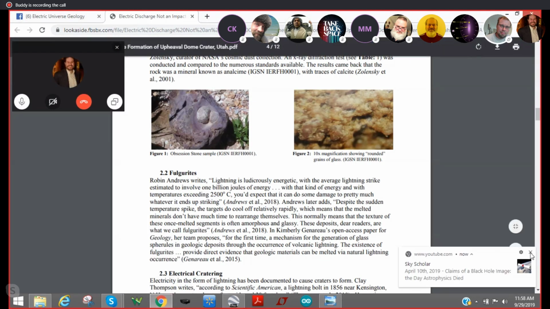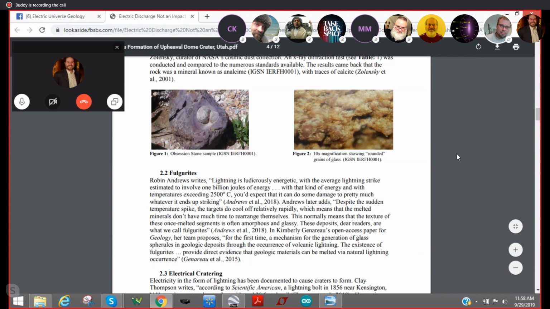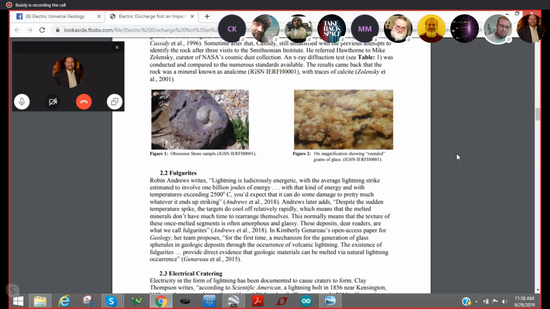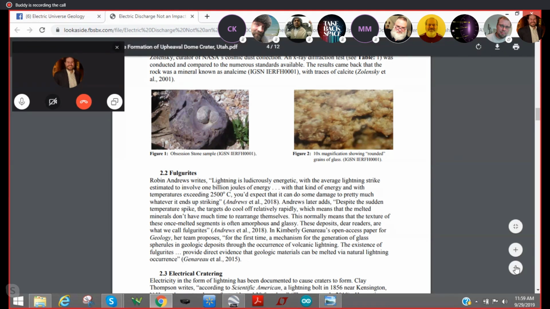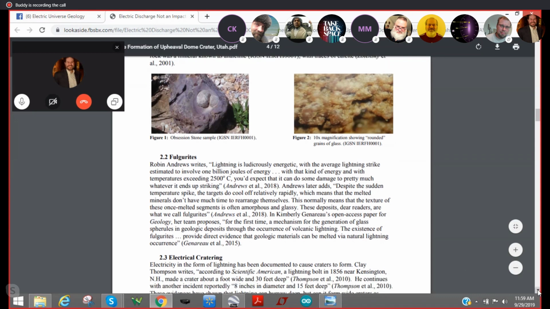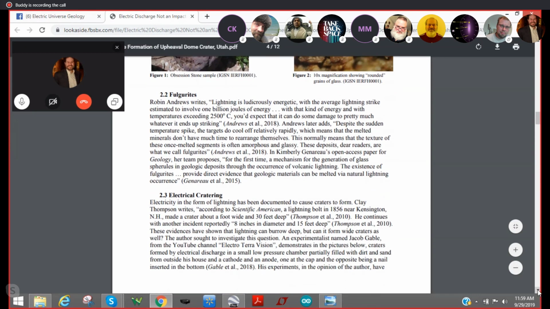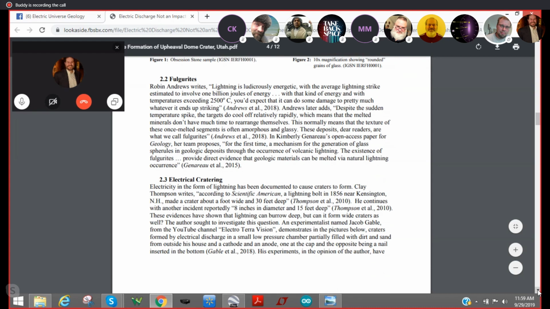They're of different sizes, and of course some of them are crushed in the middle, which makes perfect sense if they were subjected to electricity that created these pipes, just like you would create veins of quartz or gold. But obviously, because of its cohesiveness and the way that magnetism would affect it, they made pipes instead, and they would crush down on a Z-pinch, right? Of course, yes. Yeah. Right.